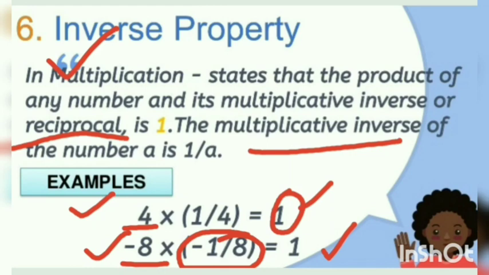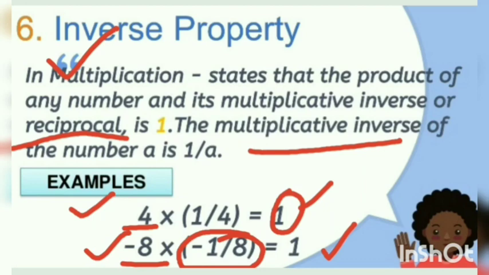So let us summarize the additive inverse and the multiplicative inverse. Let us recap it again. Additive inverse means the negative of the number, and multiplicative inverse is the reciprocal of the number. In additive inverse, we only have to change the sign of the given number.